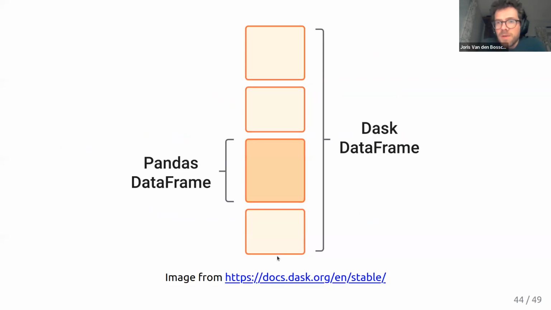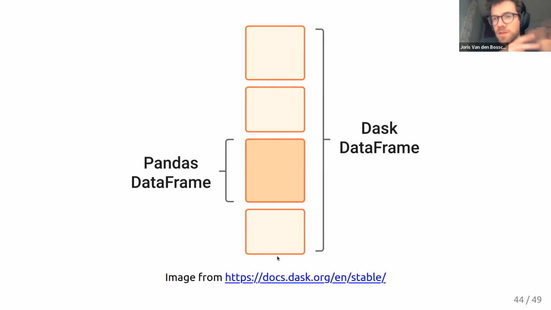So the Dask data frame consists of smaller pandas data frames. The GeoPandas Dask bridge is basically exactly the same.